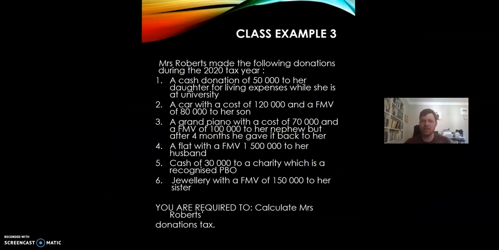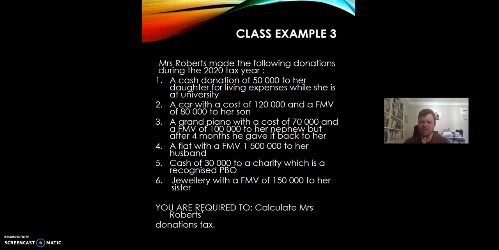Now, class example 3 is a good example of a basic question that you would get in your tests or exams with respect to donations tax. The question says, Mrs. Roberts made the following donations during the 2020 tax year.